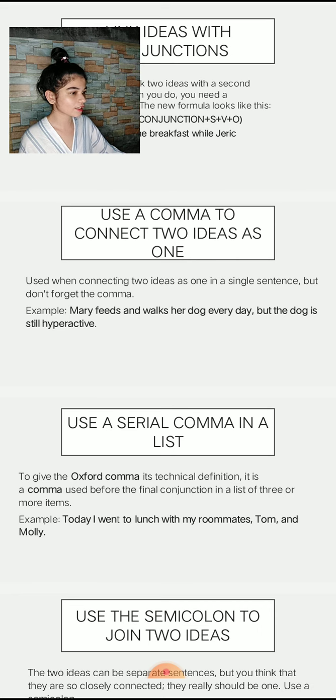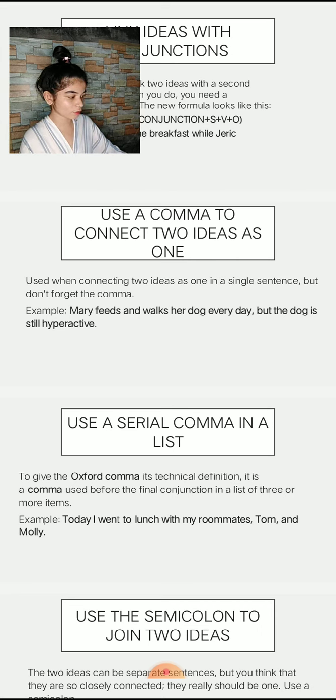So after one phrase we put a comma to connect the other phrase so that it becomes just one sentence. So that is to use a comma to connect two ideas as one.